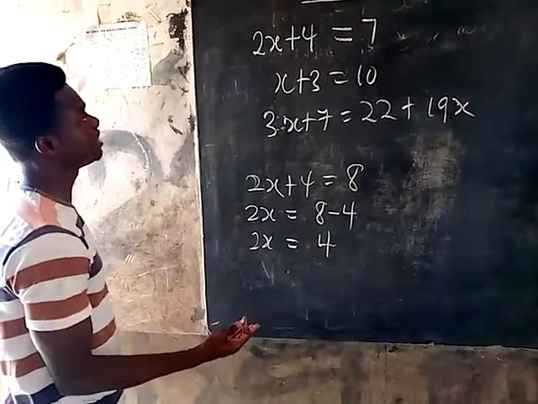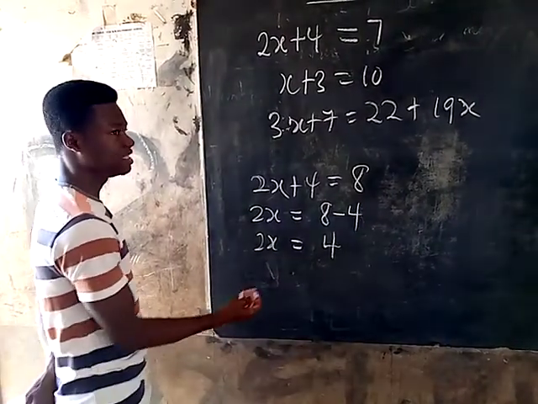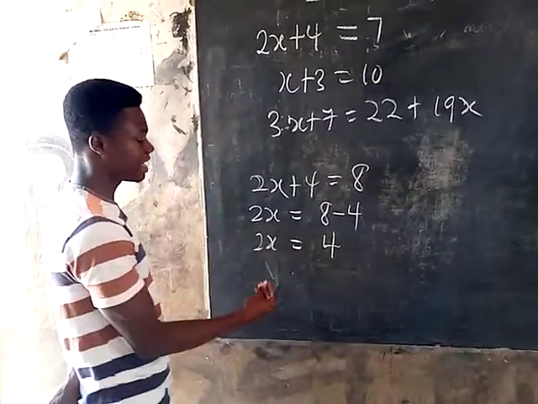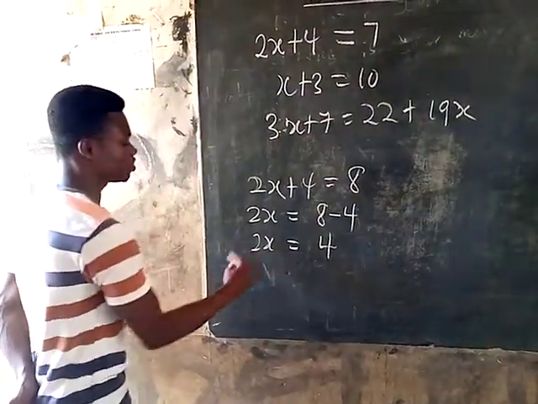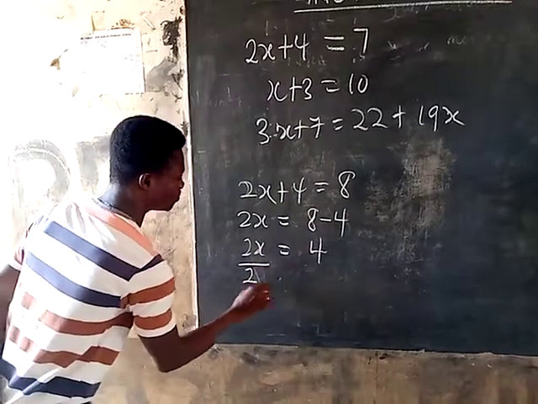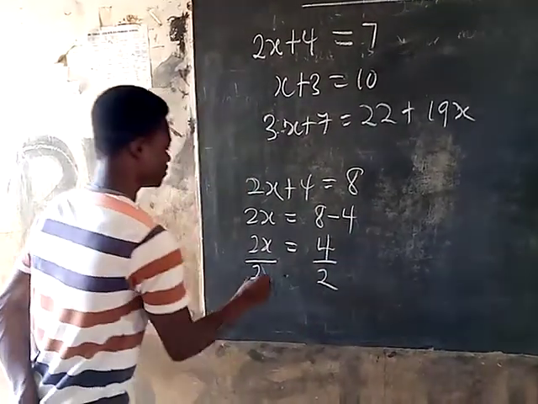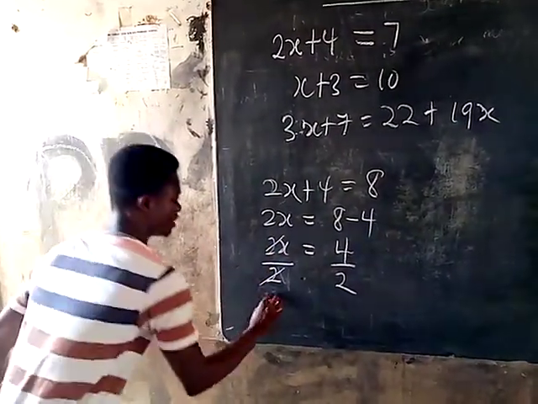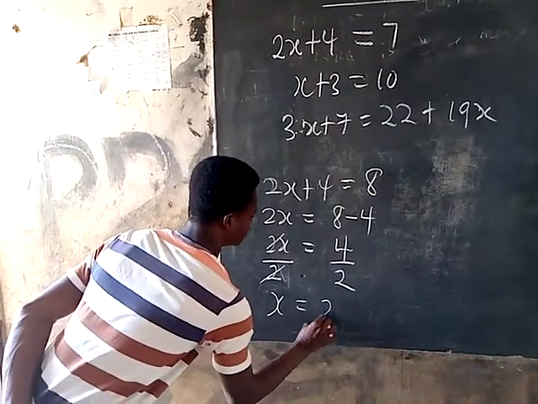In dealing with equations, we divide both sides by the same quantity. If you want to make x the subject or solve for x, we divide here by 2 and we divide here by 2. So we have x is equal to 2.